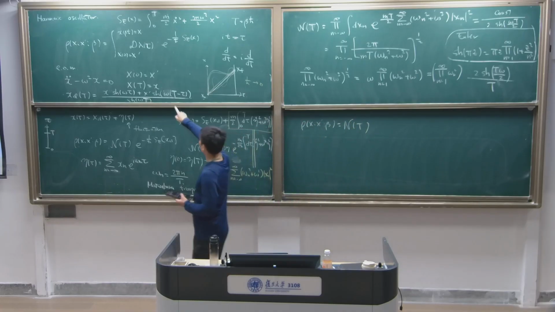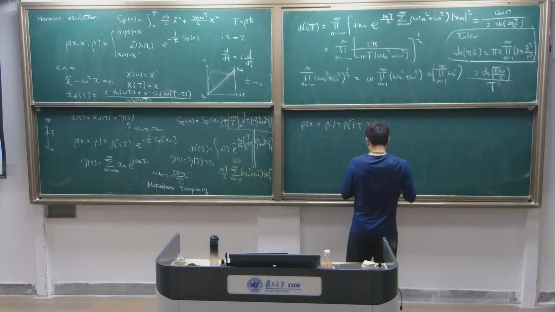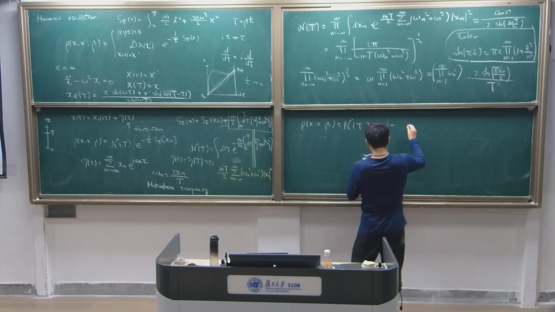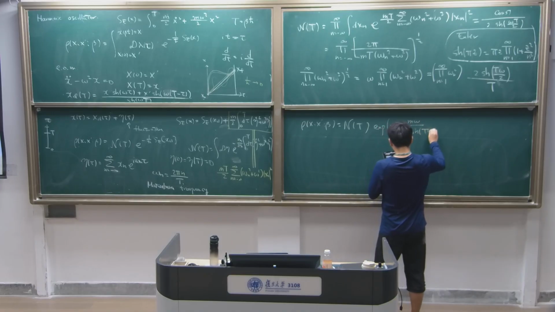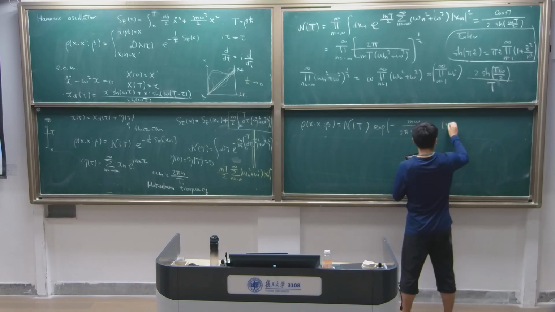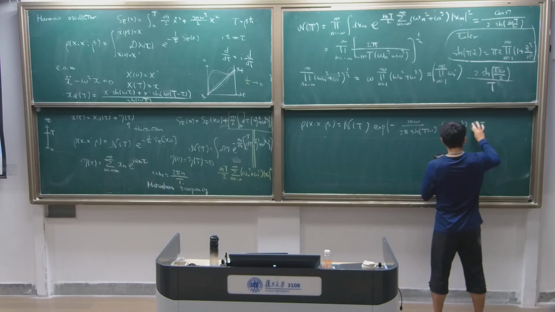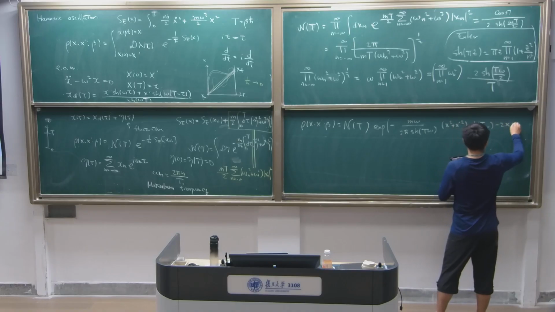And if you plug this classical equation in here, what you get is something like an exponential minus, cosh of omega x prime.